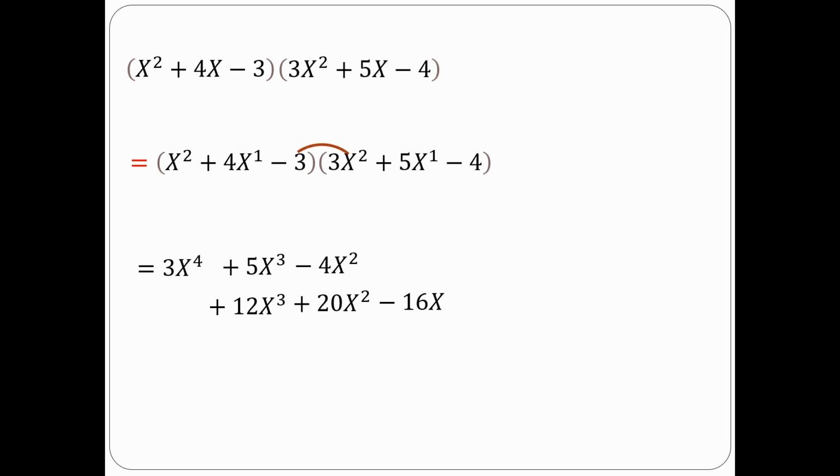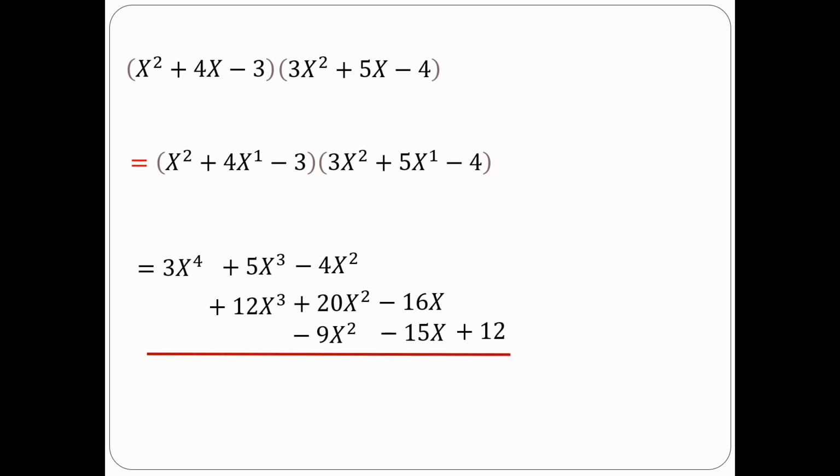Then multiply negative 3 to positive 3x squared, and that is negative 9x squared. Then multiply negative 3 to 5x, and that is negative 15x. And lastly, multiply negative 3 to negative 4, and that is positive 12.